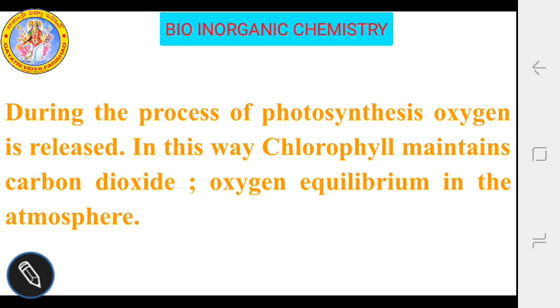But in examinations, sometimes they ask like this: write about metalloporphyrins. Porphyrins means a complex compound which contains metal as a central ion, like hemoglobin, myoglobin and chlorophyll.